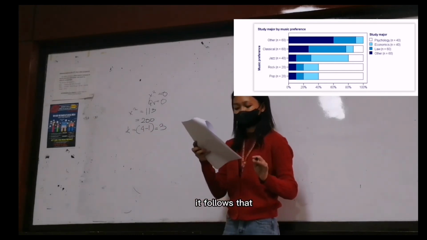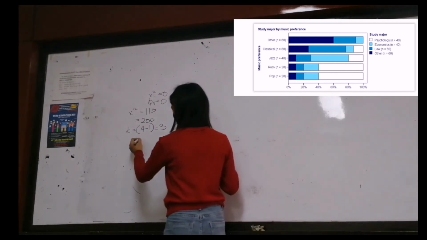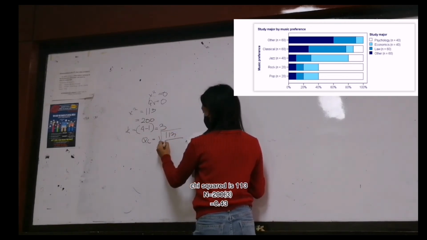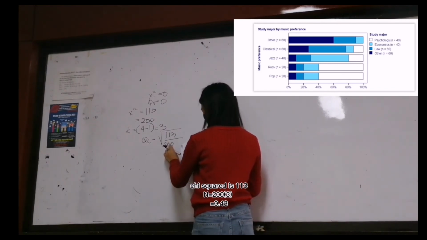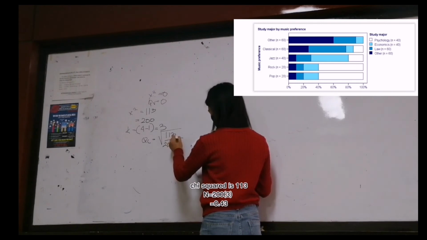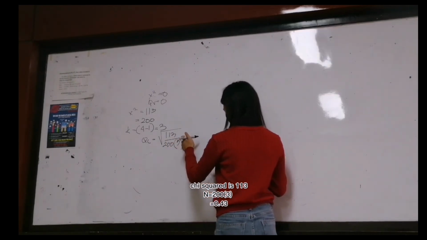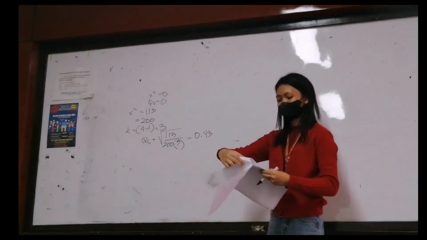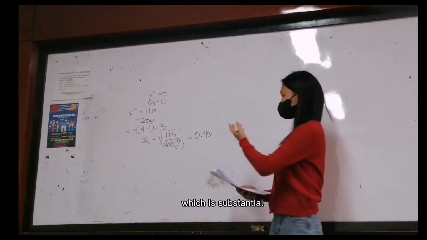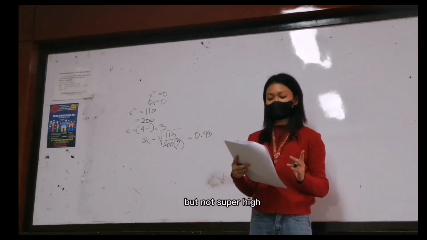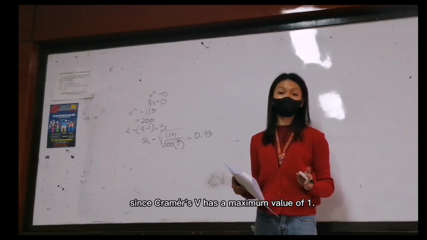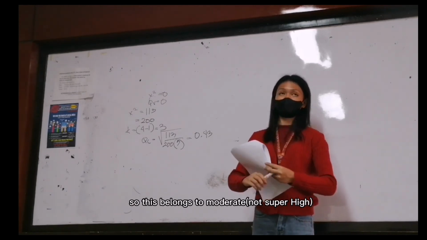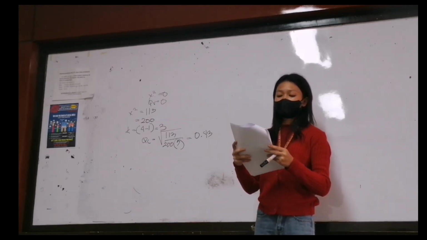It follows that Cramér's V is equal to 0.43, which is substantial but not super high, since Cramér's V has a maximum value of 1. So this also belongs in the medium category.